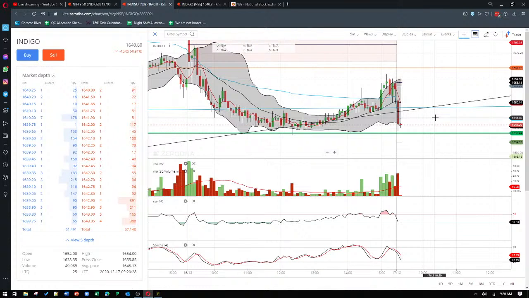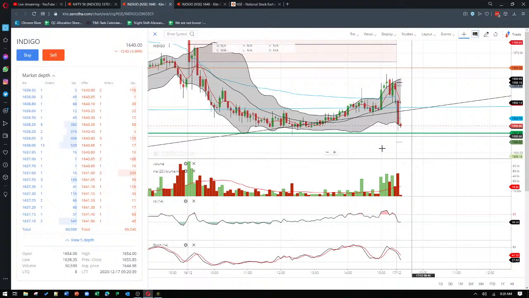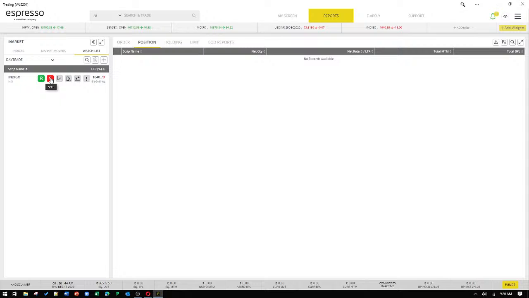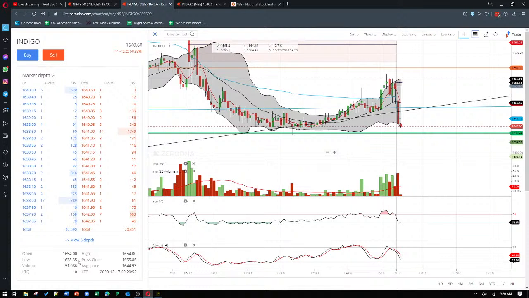So what is the second candle going to do here? It is very good to take a position by breaking this level. Let me prepare my orders here. I usually take 150. What is the low of the day? Low of the day is 1638. And the VWAP is here.